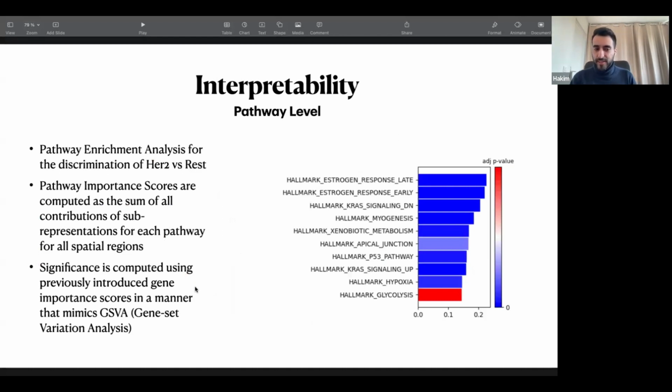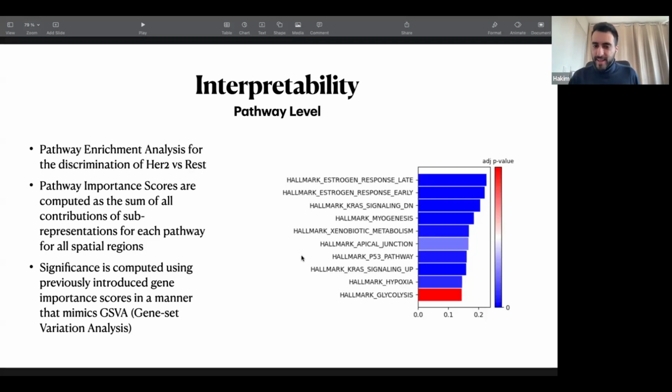Not only does it give us a pathway importance score, it can also output a p-value for evaluating the significance of the score, because sometimes you can have one single gene that has a very high importance score, and the rest of the pathway is at 0, and this gene is actually overlapping with another pathway, so we don't actually output the right pathway importance.